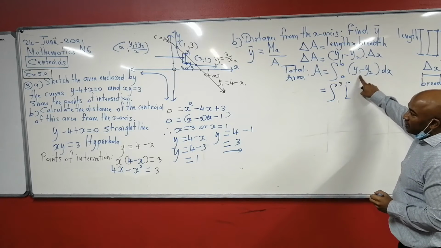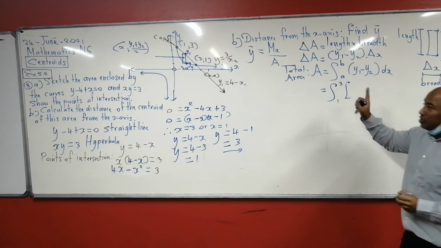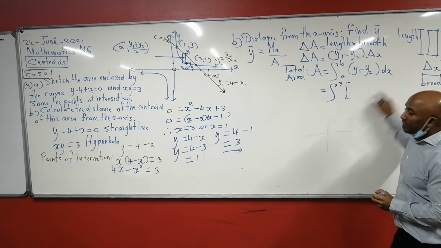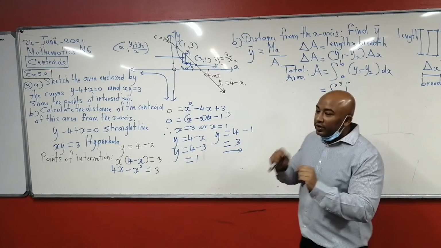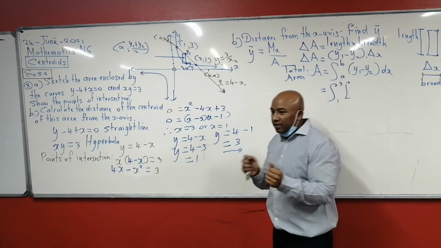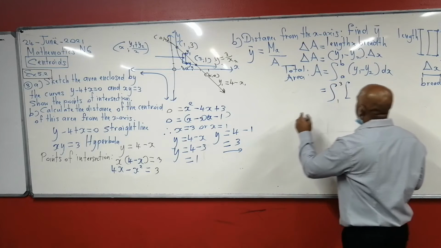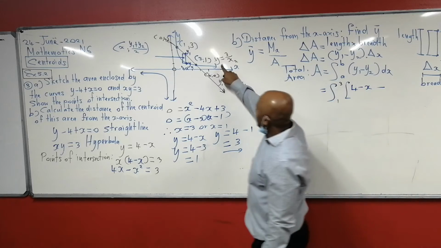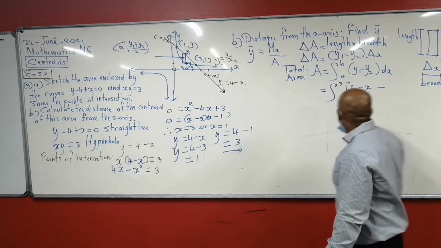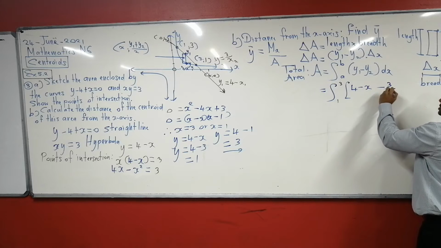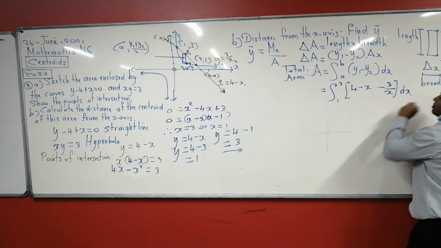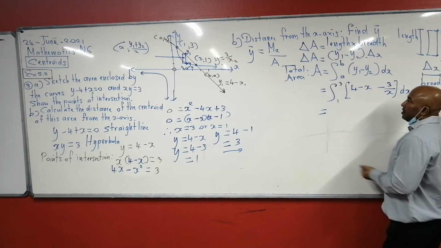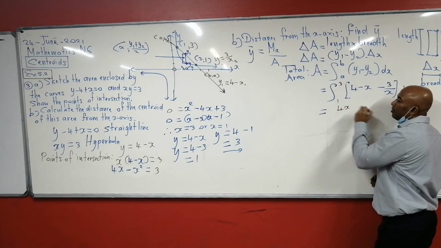What is y1? Now go to your diagram. There is y1. This is dx, so we are integrating with respect to x. We need to get y1 in terms of x and y2 in terms of x. So y1 is 4 minus x, minus y2. There's y2. y2 is 3 over x. And then the integration for this one is simple. Integrating 4 gives 4x.